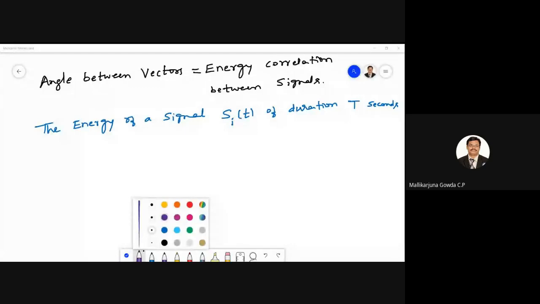Any one of you can say. Manasa is not here. What about Hima? Yes, sir. Yes, Manasa, tell me. I asked you to define the energy of a signal. Sir, is it summation?